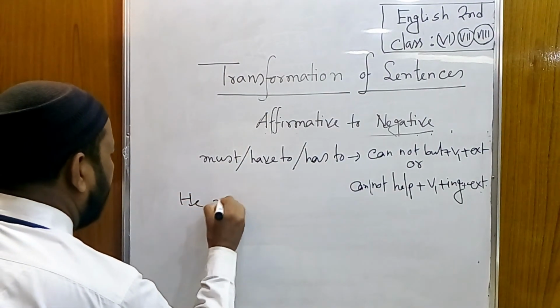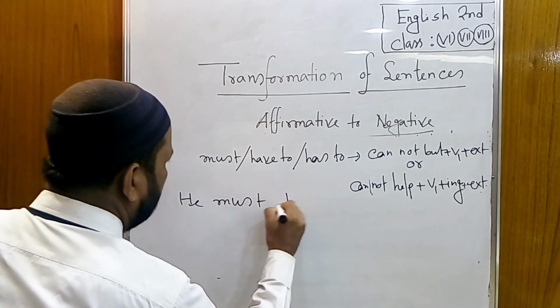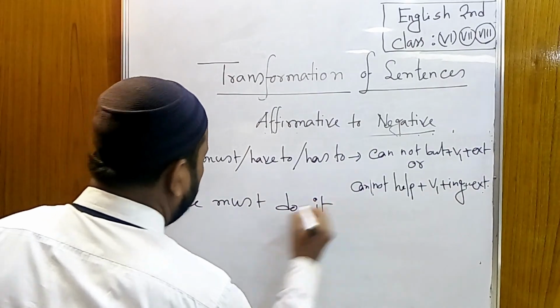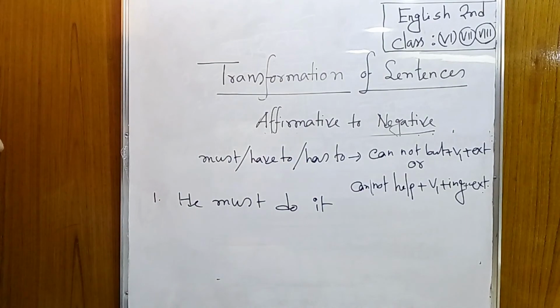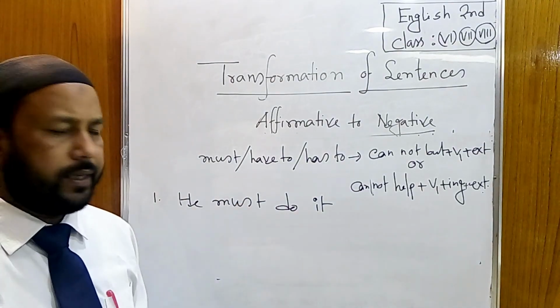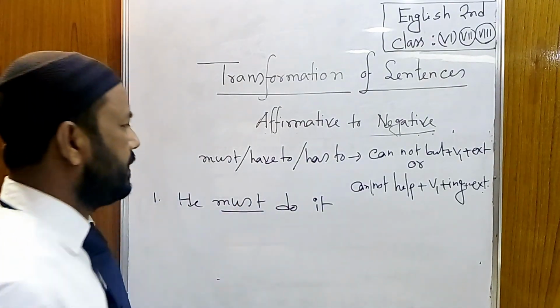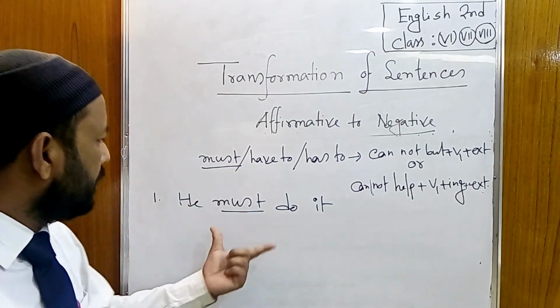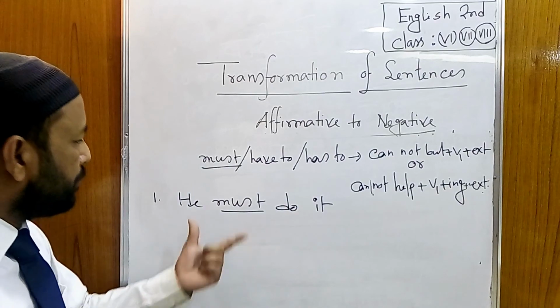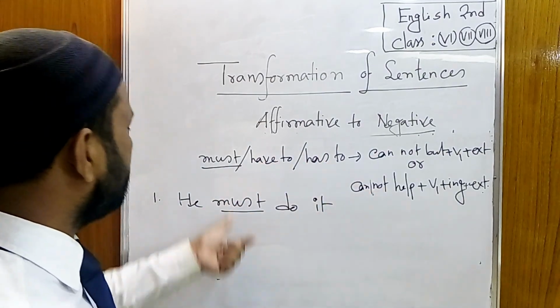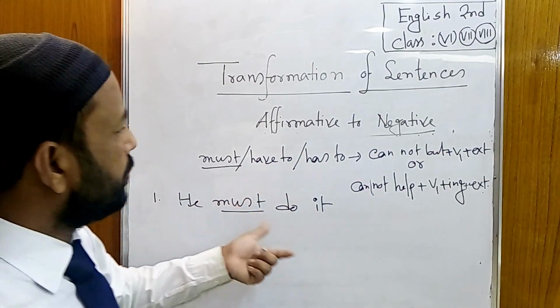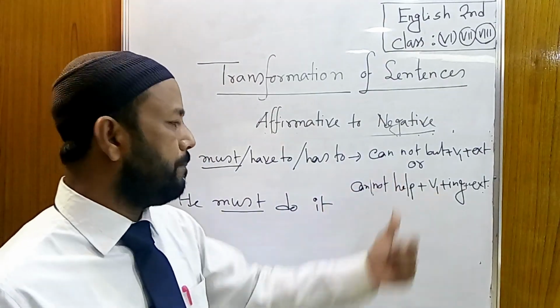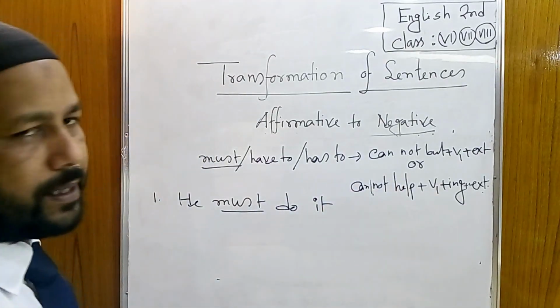He must do it. You must do it. Here you can see must. When you see must in a sentence, you have to use cannot but instead of must, or you can also use cannot help plus verb plus ing plus extension.